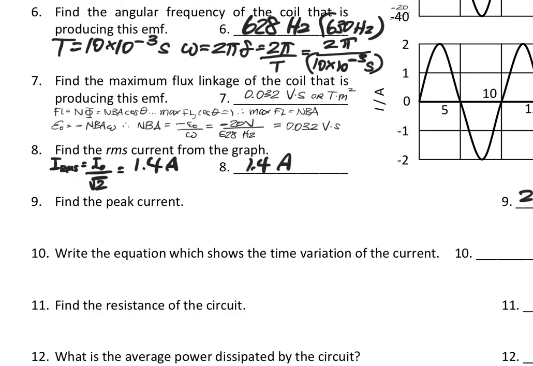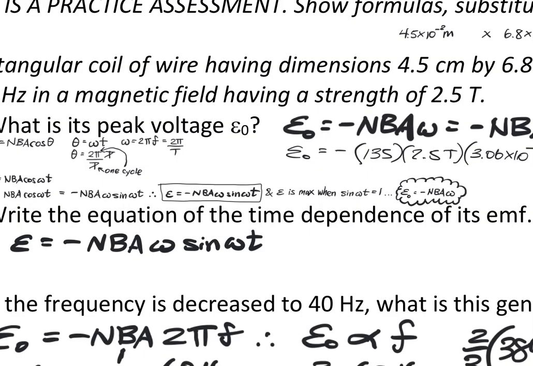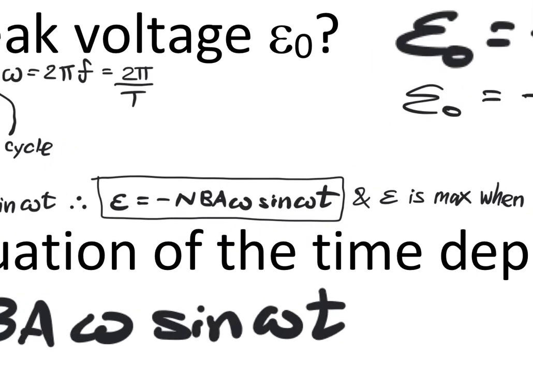Then we need current versus time, so we know the relationship between voltage, current, and resistance. If R equals V over I, then I equals V over R, and we have the formula for EMF as negative NBA omega sine omega t.